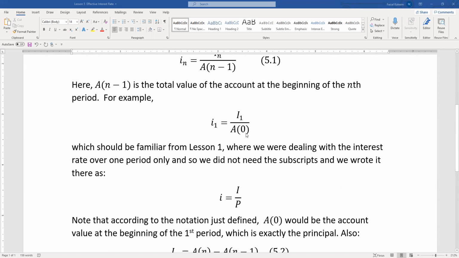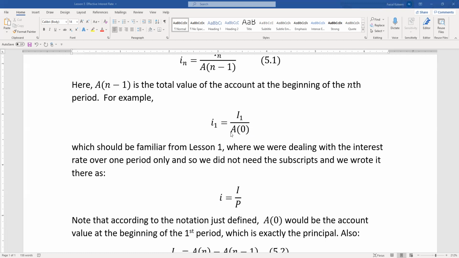Now this is something we actually got in lesson 1. In lesson 1, we were talking about just one period, and therefore the effective interest rate and the interest rate are the same thing when you're just depositing money for one period. In that case, remember, we had the formula that the interest rate is I over P, where I is the interest earned and P is the principal.